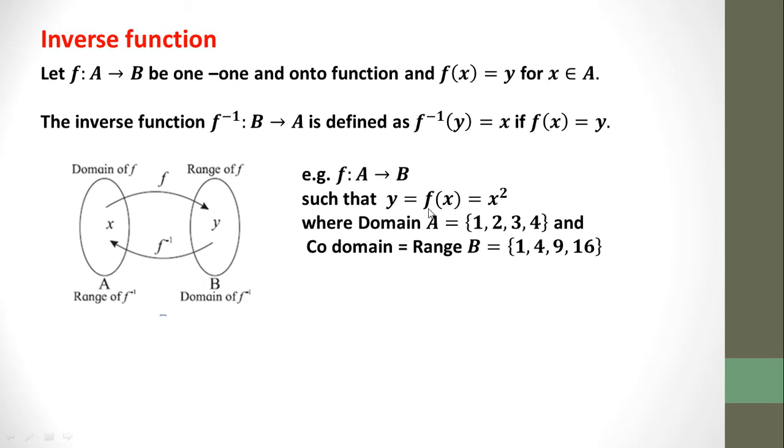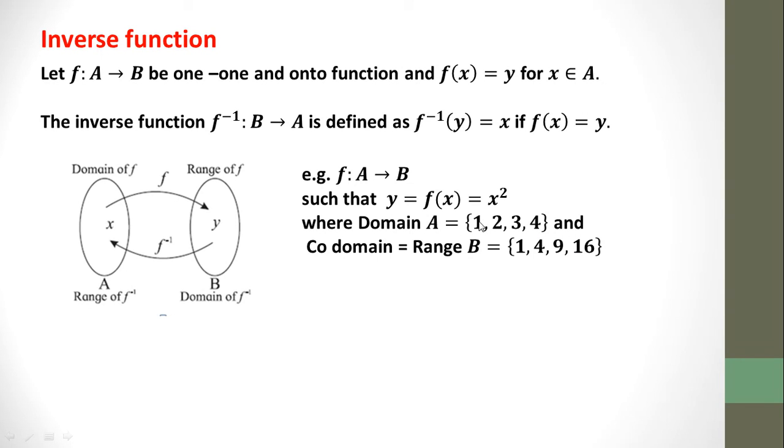By the definition of this function, y is equal to f of x is equal to x square. So the image of 1 is 1, the image of 2 is 4, the image of 3 is 3 square, that is 9, and the image of 4 is 4 square, that is 16.